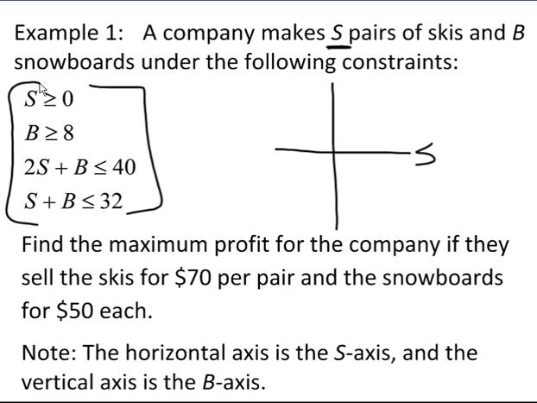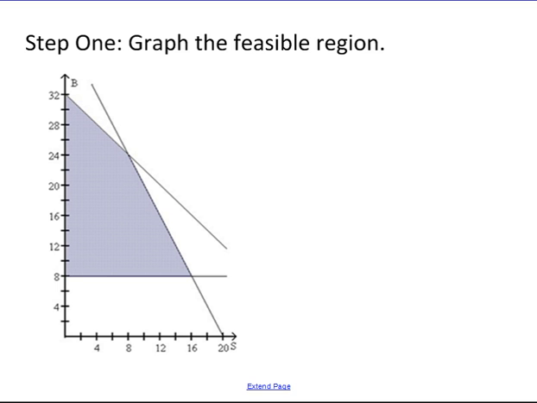So this will be my s-axis, and this will be my b-axis. If this were x equals 0, we would draw that as a vertical line at 0. Well, we still have to draw it as a vertical line. We're just calling it s instead of x. So we have a vertical line at 0.